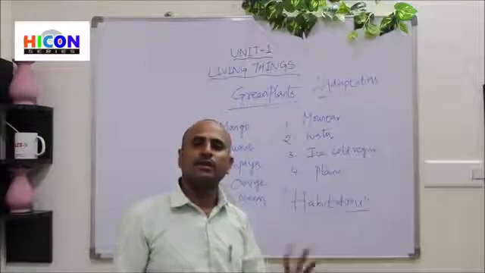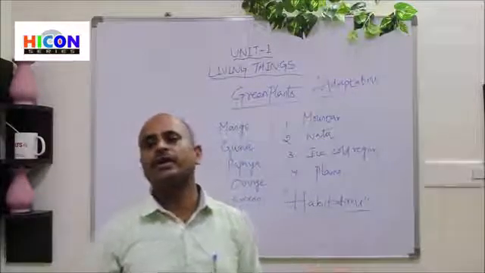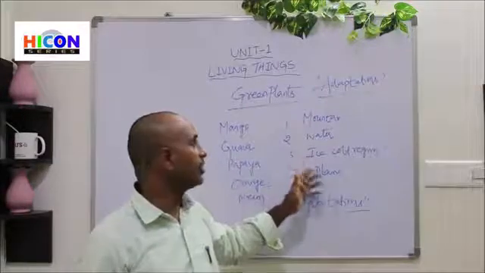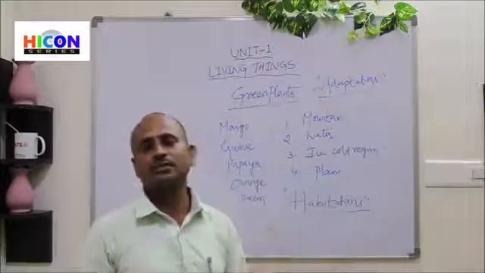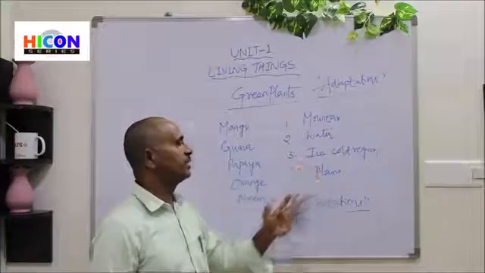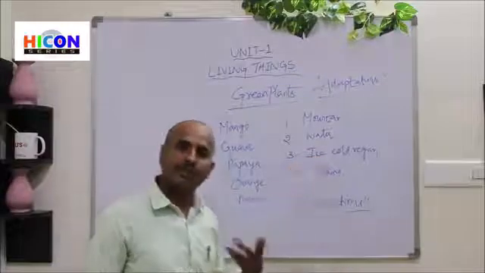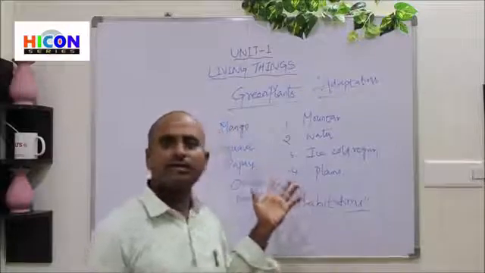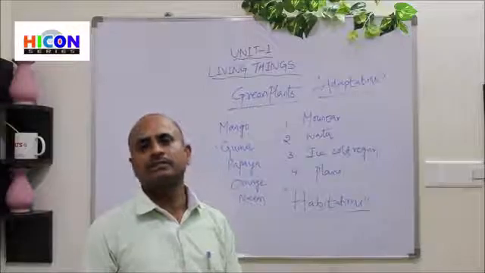Because different regions have different climatic conditions, the plants growing in a particular habitation have special adaptations. So the mango tree cannot grow in ice-cold regions, and apple trees cannot grow in our regions. This is the reason some plants cannot grow in particular regions.